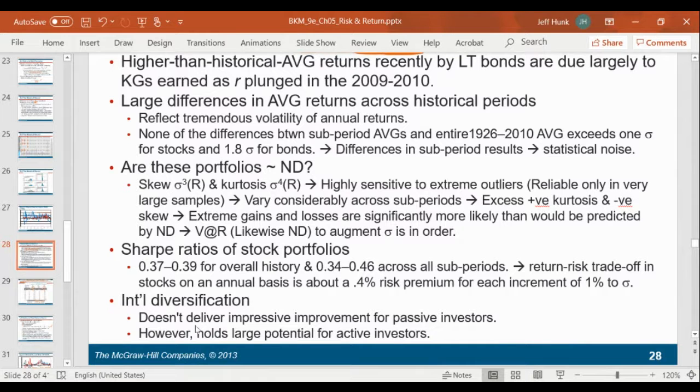And what about international diversification? Because we have world equity and world bond, did we find a significant difference between world stock performance and U.S. stock performance? Not very much. International diversification doesn't deliver impressive improvement for passive investors, if you're a passive investor.